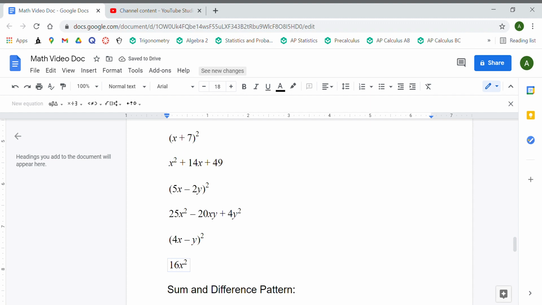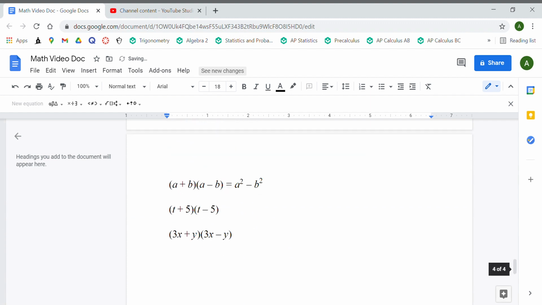The product of the terms is 4x times y, positive y. So it's 4xy. Multiply by 2 and you get 8xy. And then negative y times negative y is y squared.